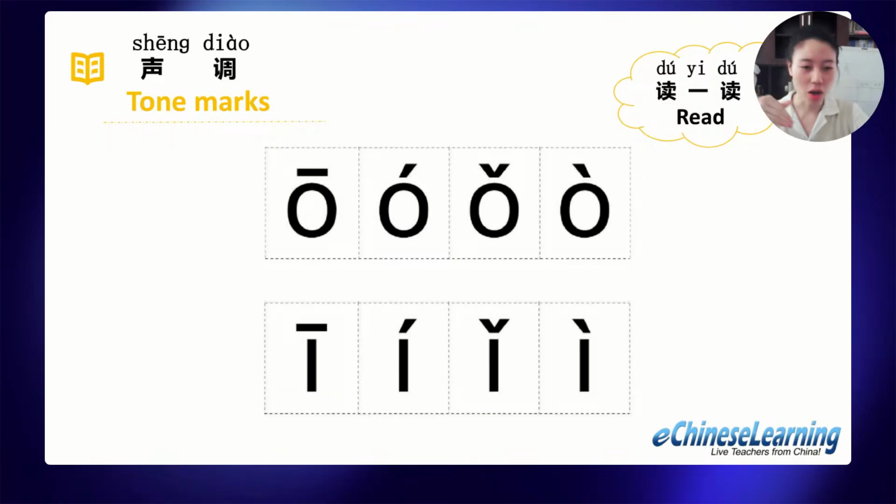Okay, let's read that together. You will know these four different tones more clearly.